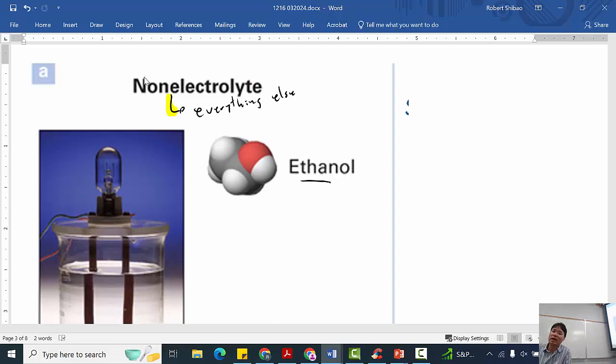No. Is it a weak acid? No, ethanol doesn't begin with H. So it's CH3CH2OH. But later on we'll learn it could potentially be an acid, but we don't really classify it as such. It's so weak. Is it a weak base? No. Even though it looks like it has hydroxide, that's not hydroxide.